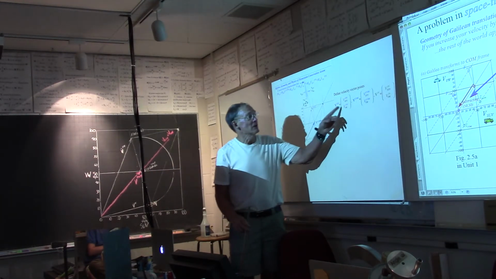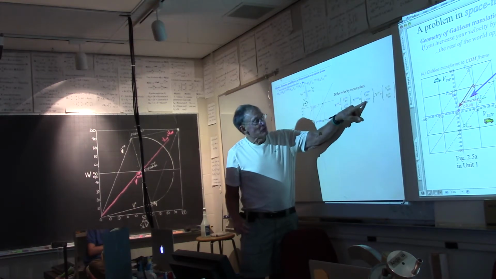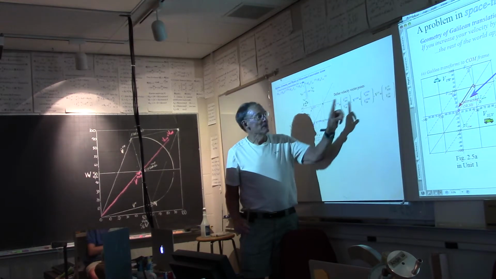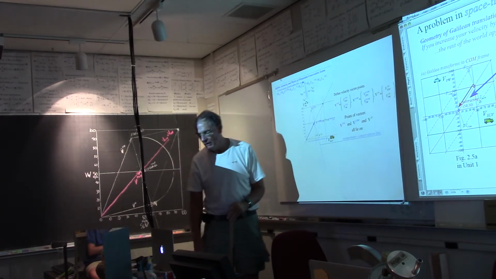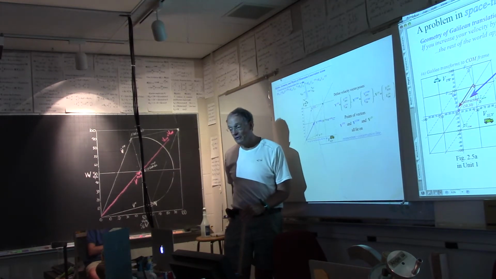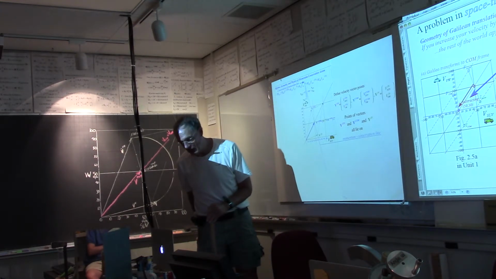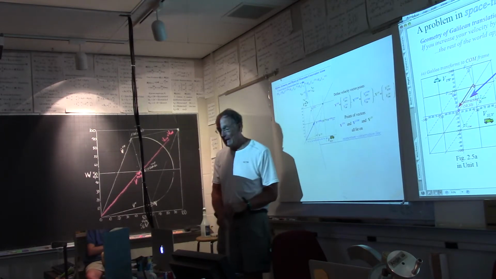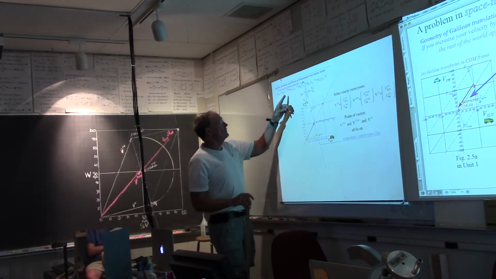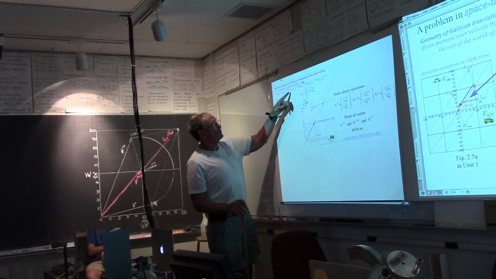Now these components happen to be equal, and that we have to make a point of. So these three vectors lie on the momentum conservation line. And this is the expression of the conservation equations.